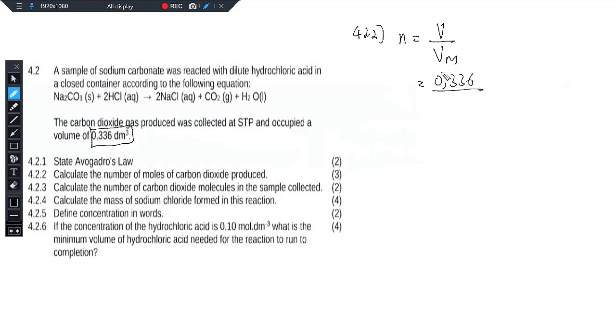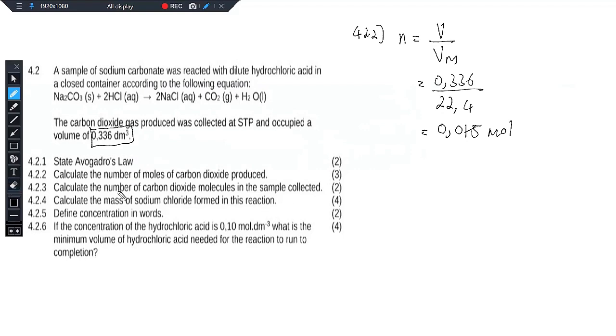Then our molar gas volume is the 22.4. So even if you check on your data sheet, you will see it's written as molar gas volume. And then if you punch that into your calculator, you are supposed to have 0.015 mole. So I'm just going to round off to 3 decimal places. Right. So that's your solution right there.